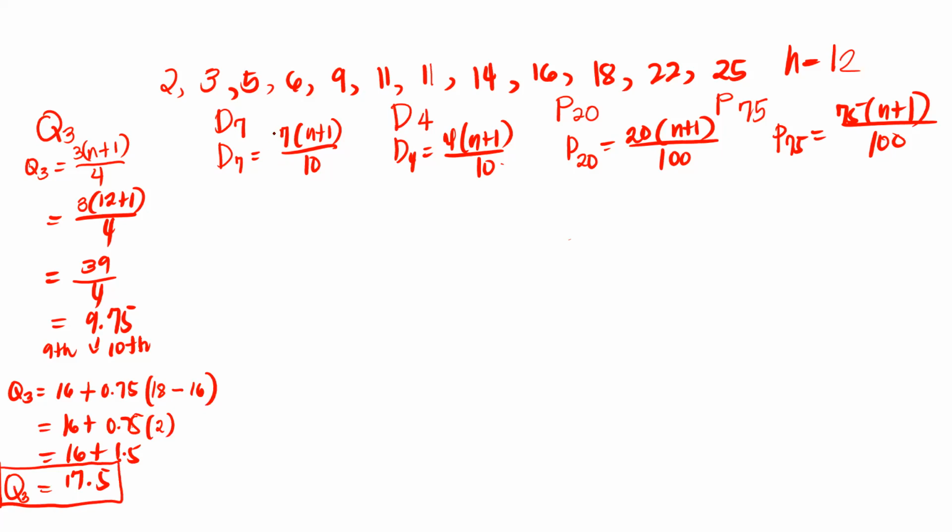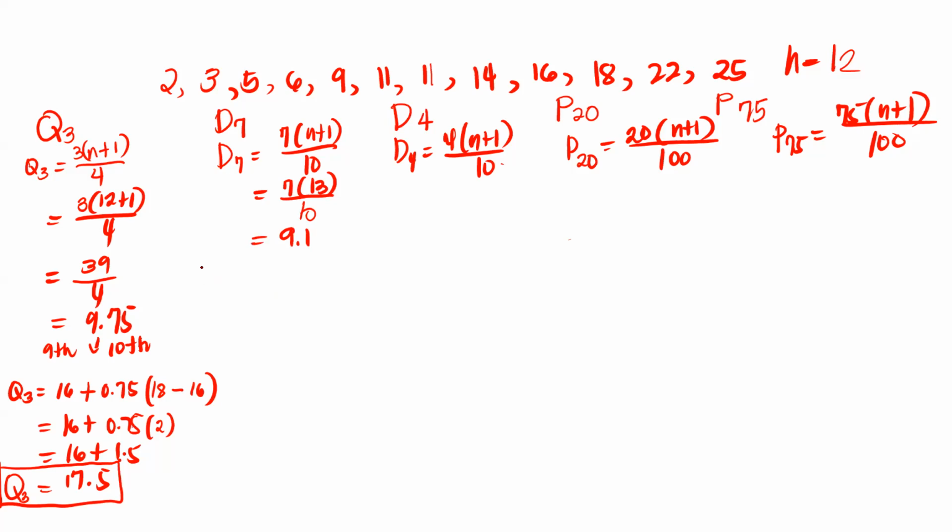Okay? How about for D sub 7? Ganun pa rin po yung process. We have 7 times 13, wait, bakit divided by 4 tayo? Dapat 10. 7 times 13 is 91 divided by 10, 9.1. Diretso na tayo, 9.1. Ibig sabihin, 9th and 10th data.